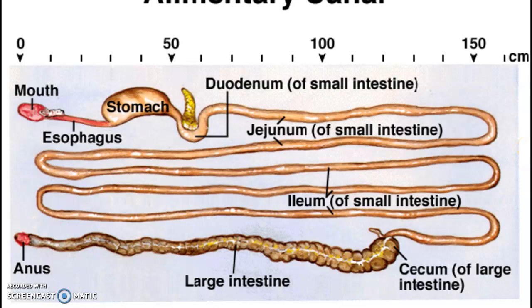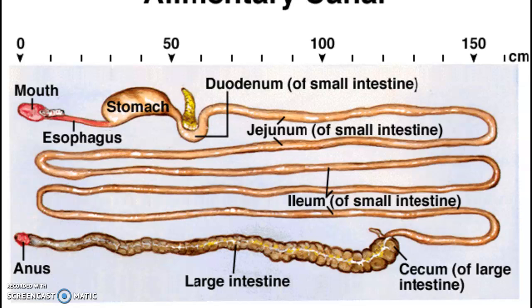I want to talk about the last section of the alimentary canal, that's the large intestine, and about accessory organs that put digestive enzymes and other substances into the alimentary canal that assist with digestion.